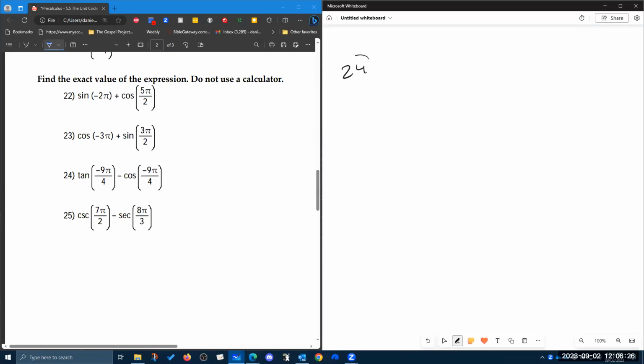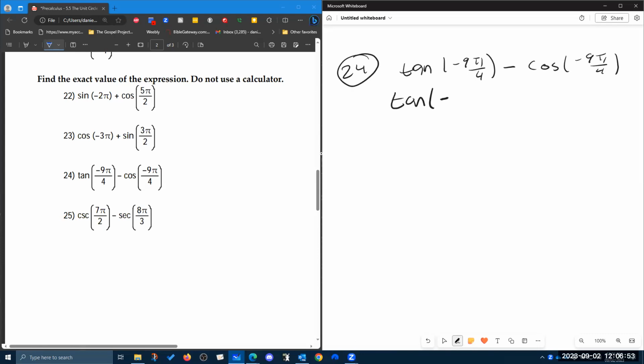Number 24, tangent of negative 9 pi over 4 minus cosine of negative 9 pi over 4. So remember, for tangent, any multiple of pi is going to give me a cycle.